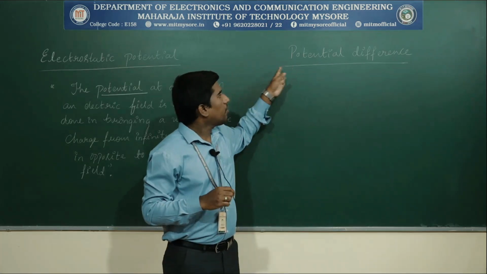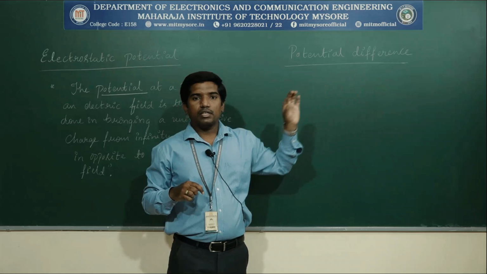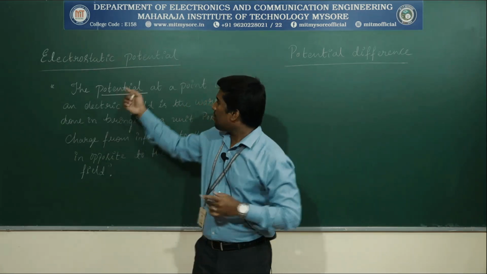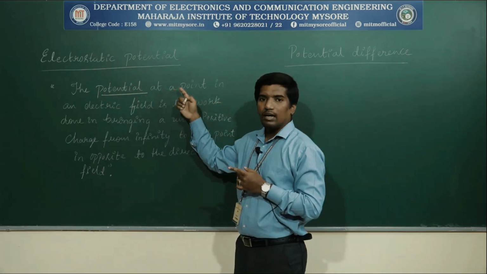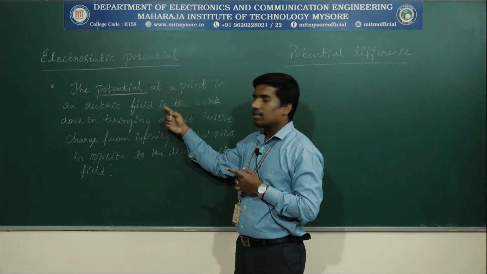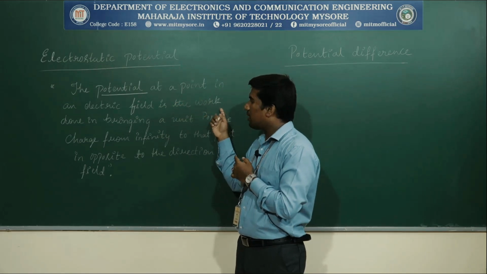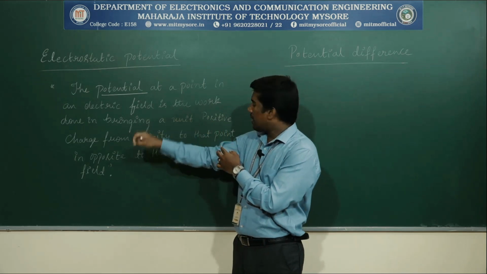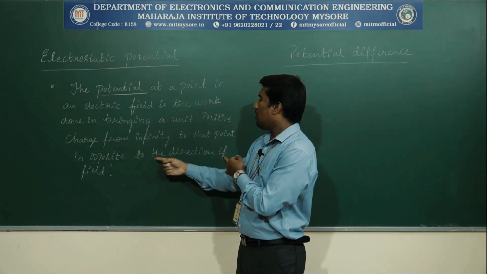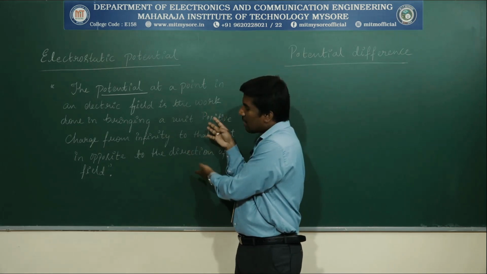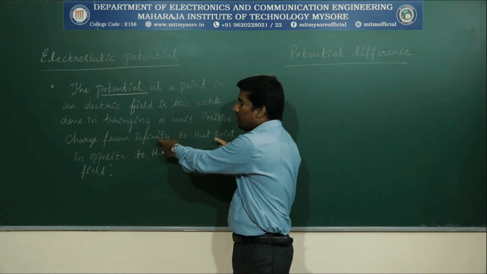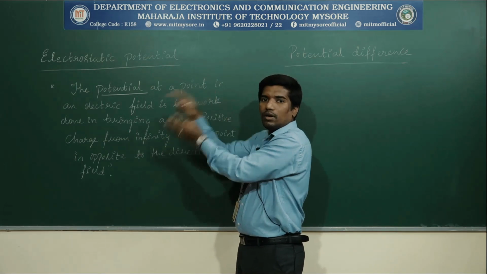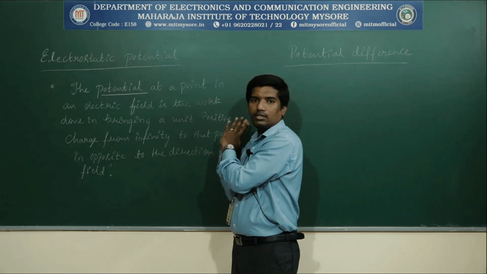Now let me define potential difference. The potential difference in an electric field is the amount of work done in bringing a unit positive charge from one point to another point, opposite to the direction of the field. The same definition holds good. Instead of infinity, you are pushing a unit positive charge from one point to another, opposite to the direction of the electric field.